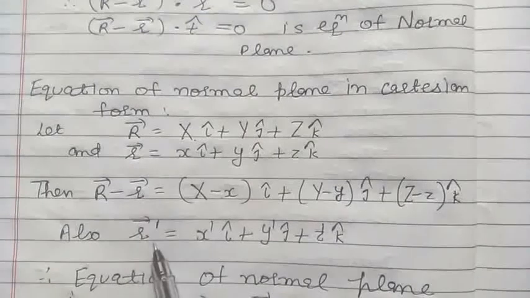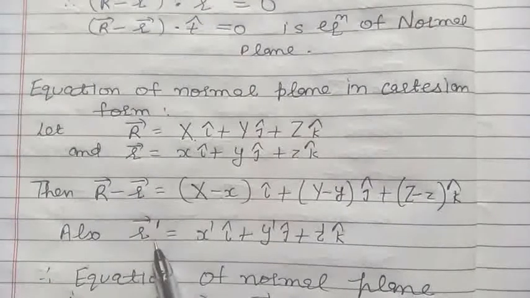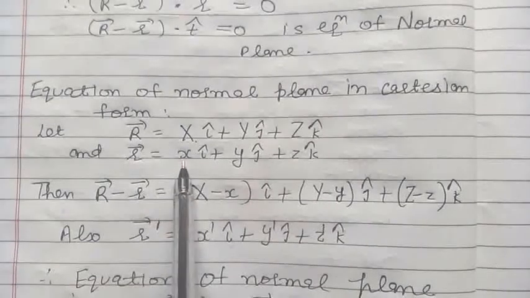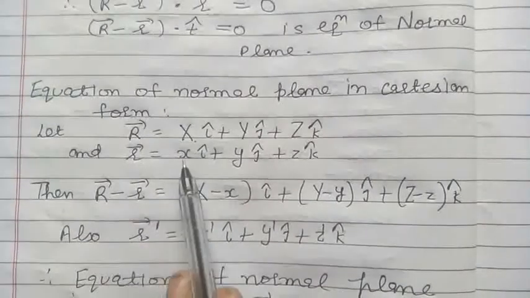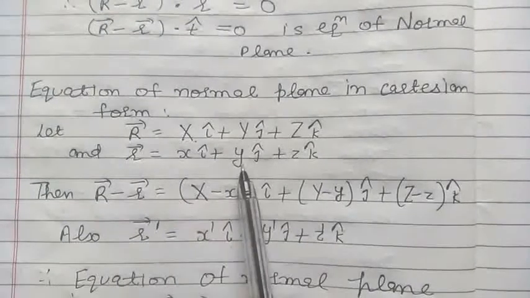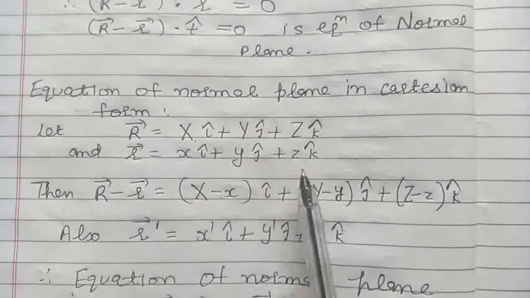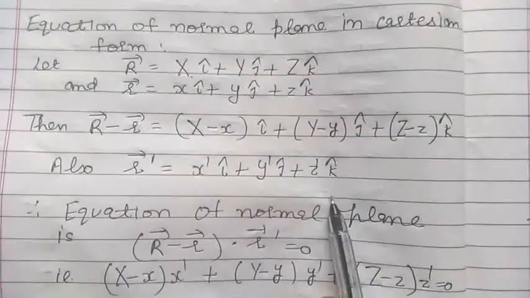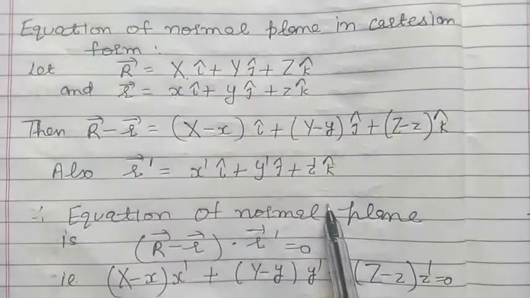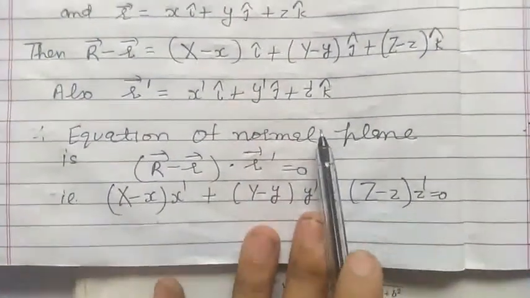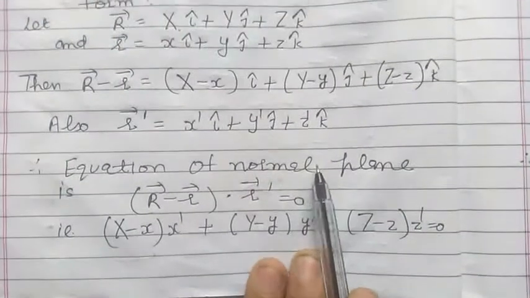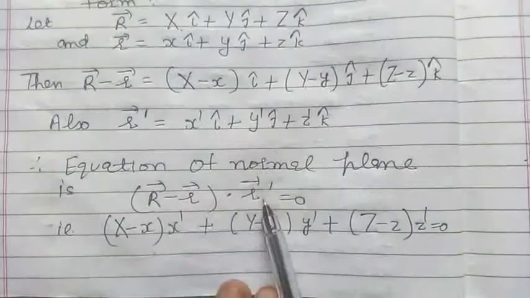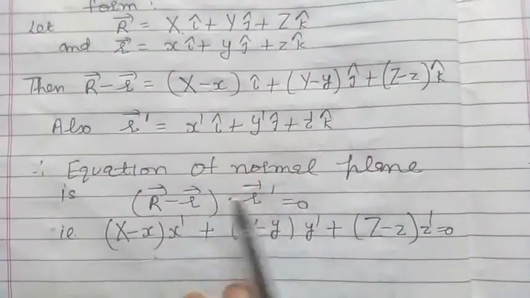Also by definition, the unit tangent vector at the point P is given by differentiating the vector r. Here the derivative of x with respect to s, that is x dash, derivative of y with respect to s, that is y dash, derivative of z with respect to s, that is z dash. So the equation of the normal plane is given by R minus r dot r dash is equal to 0, which we have already studied.